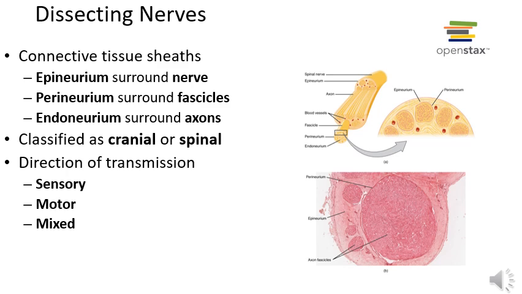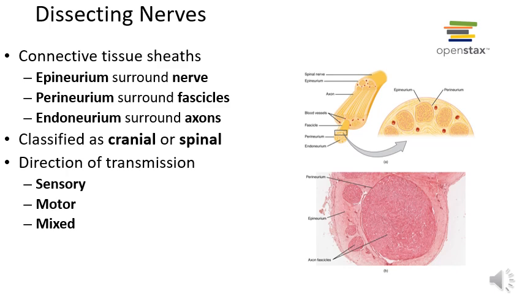And then finally, there are some nerves that are classified as mixed, and they can carry both motor and sensory axons. Now, when I say axons, you will remember that the cell bodies of our neurons are located in swellings in the peripheral nervous system called ganglia, or found in specific areas within the brain called nuclei.